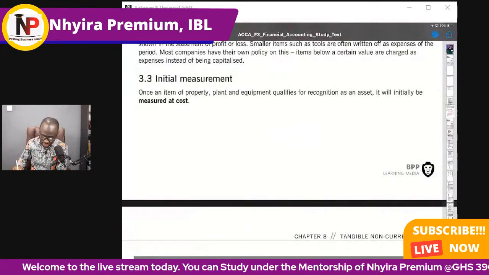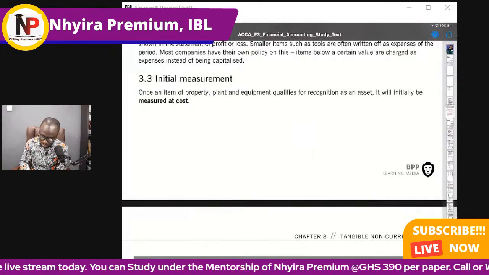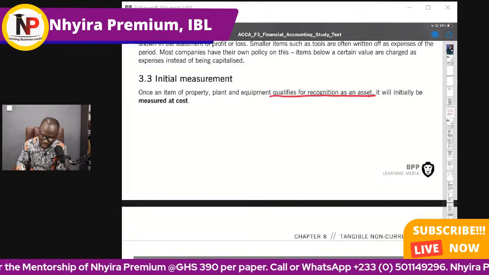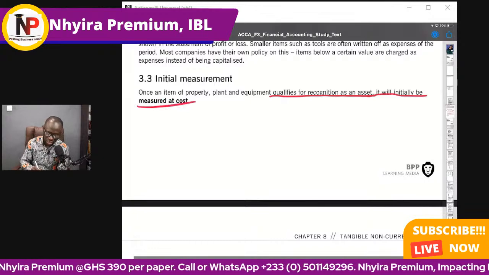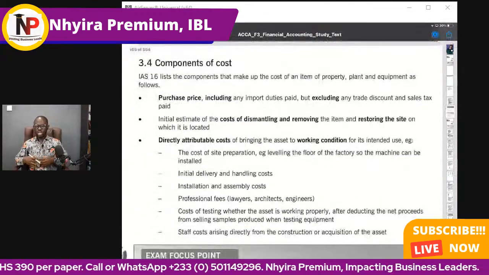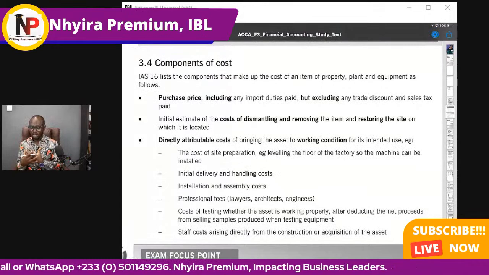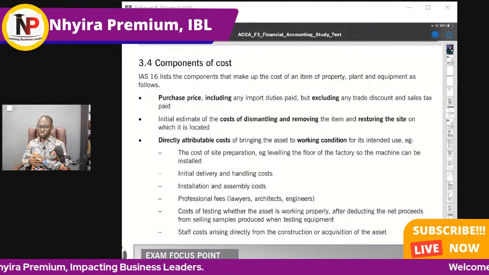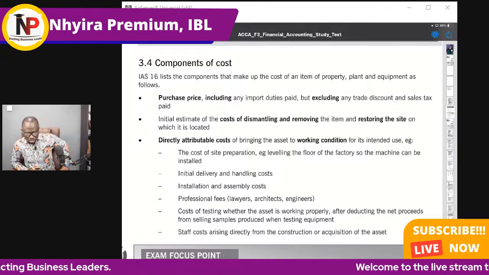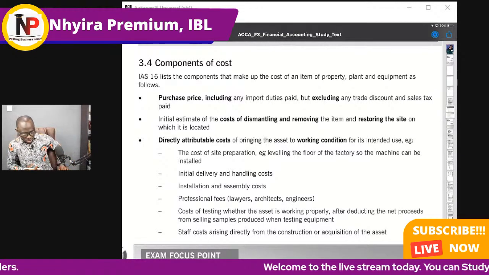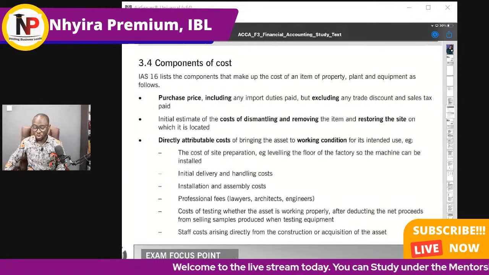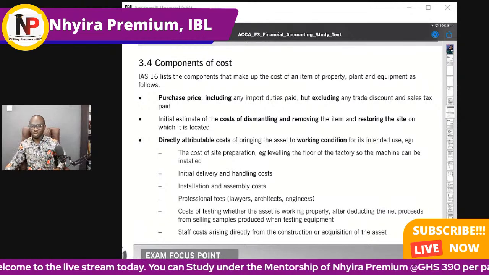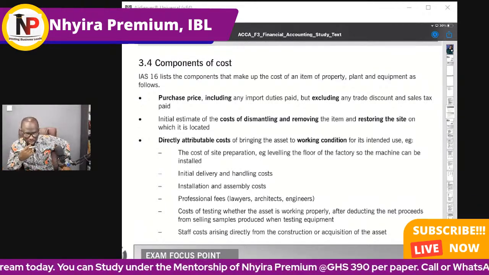So once an item qualifies for recognition as an asset, it will initially be measured at cost. So what constitutes that initial cost? You want to be careful and stay with me very well here, because this is going to be critical for you in order for you to really understand exactly what we're talking about here.